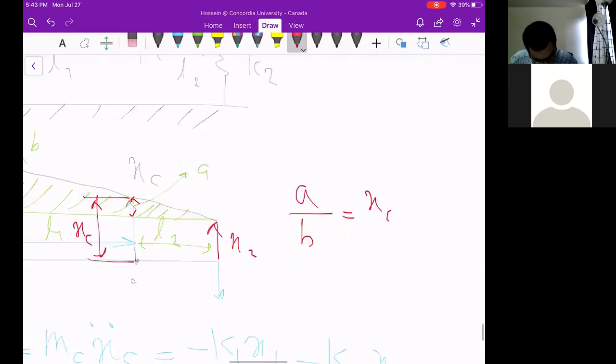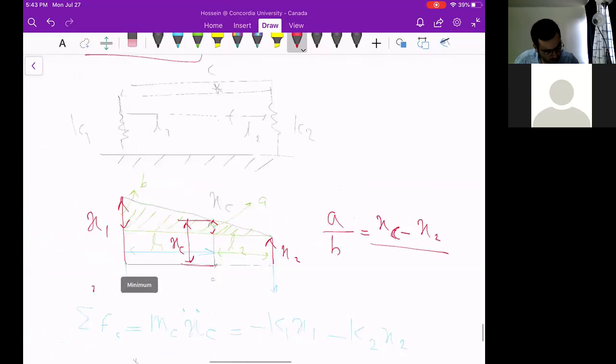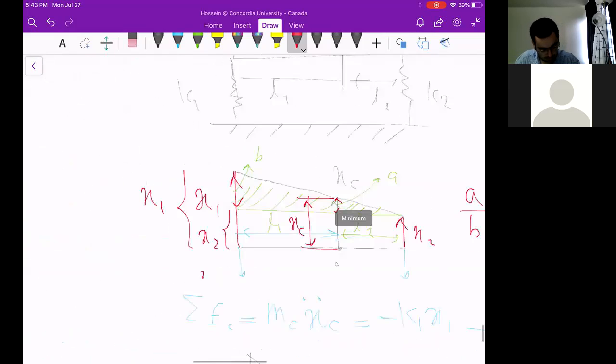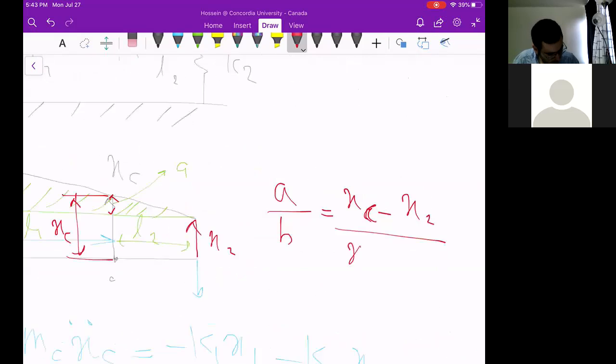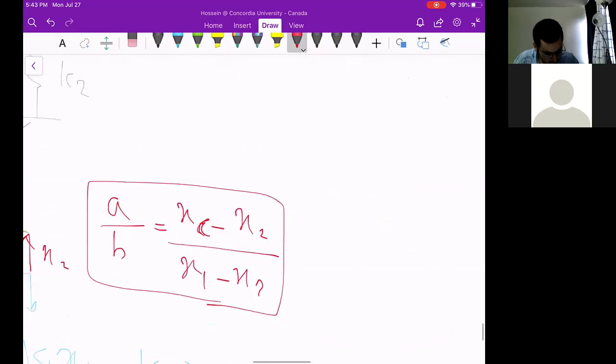XC minus X2 divided by B. B is X1 minus X2. So A over B is equal to L2 over L1 plus L2.